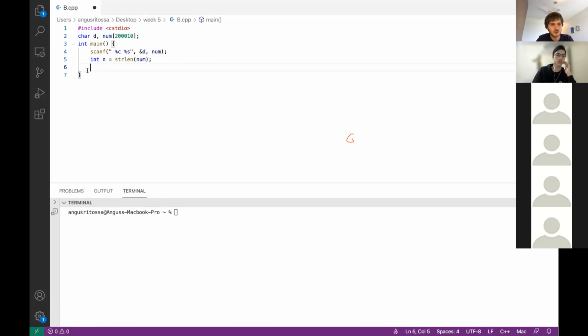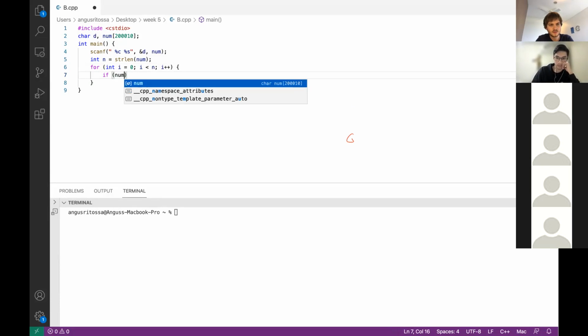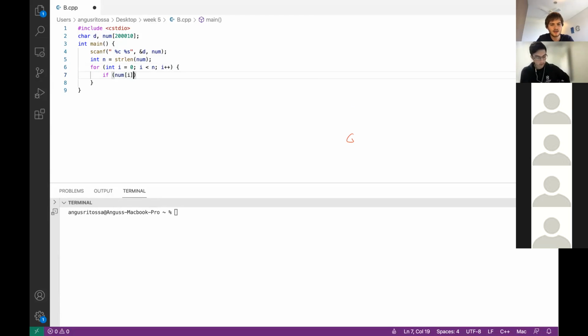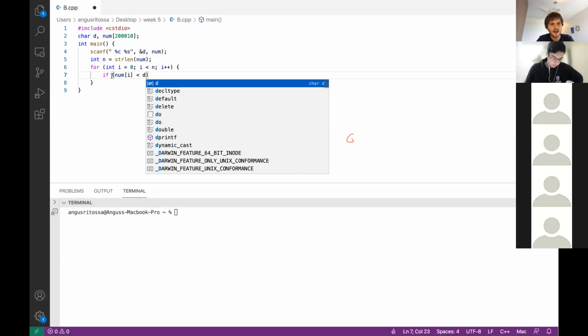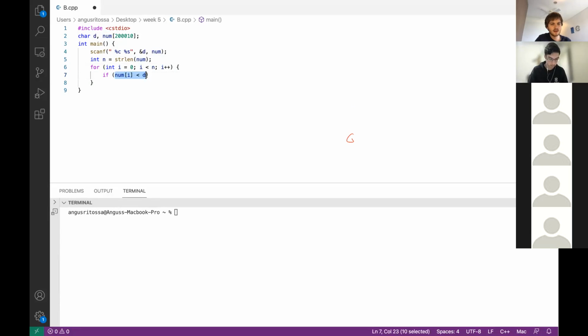Then let's just loop through until we find a value smaller than D. So for int i, if the value here is smaller than D, and notice that even though we're comparing characters here, in ASCII, 0 comes before 1 in the character ordering. So it will be fine to compare the integer versions of the characters. So just do that comparison.